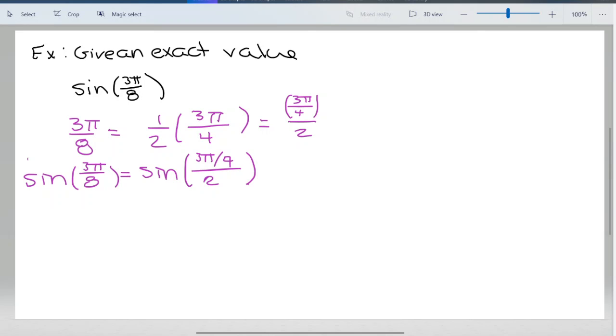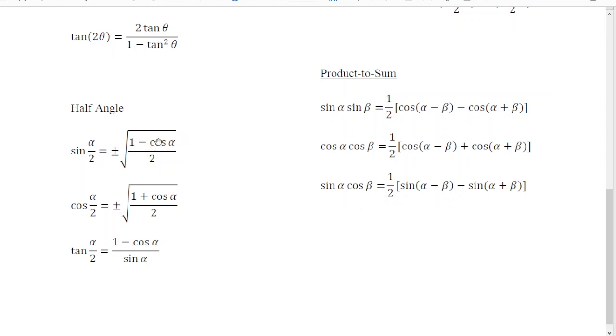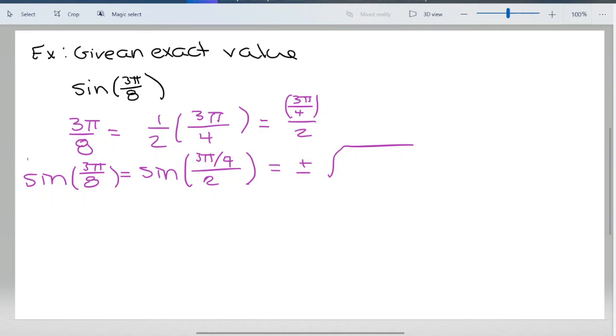Again, when we use our formula, our alpha is going to be 3 pi over 4. Let's look back at our formula. Our alpha is 3 pi over 4, so we're going to have 1 minus cosine of 3 pi over 4, over 2.